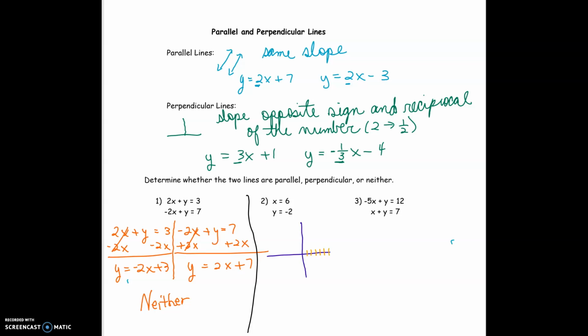So 1, 2, 3, 4, 5, 6. And then when I draw that line, it has to go through the x-axis. Okay? So remember, if it's x equals, that it's a vertical line.